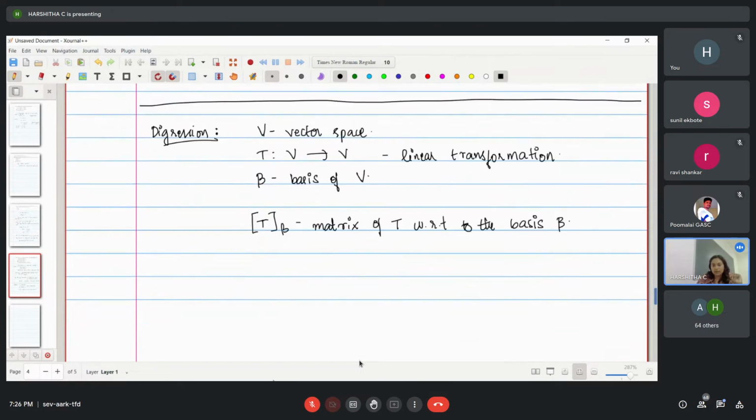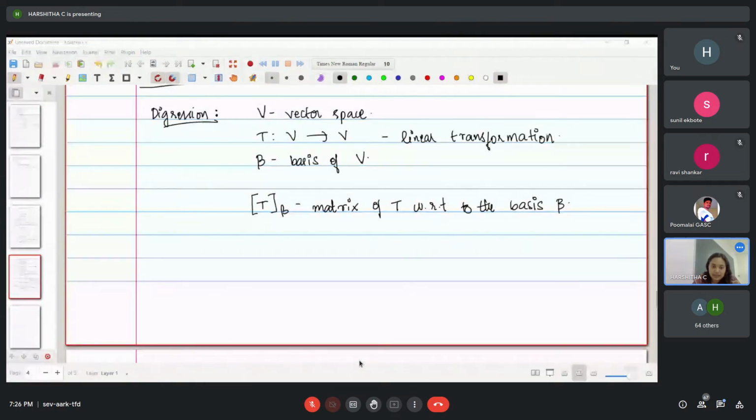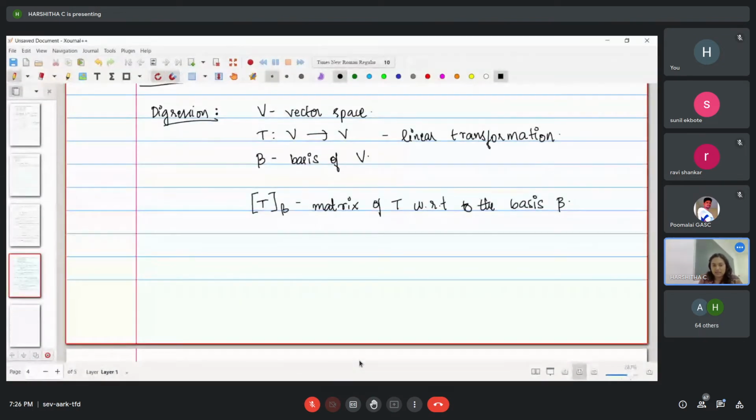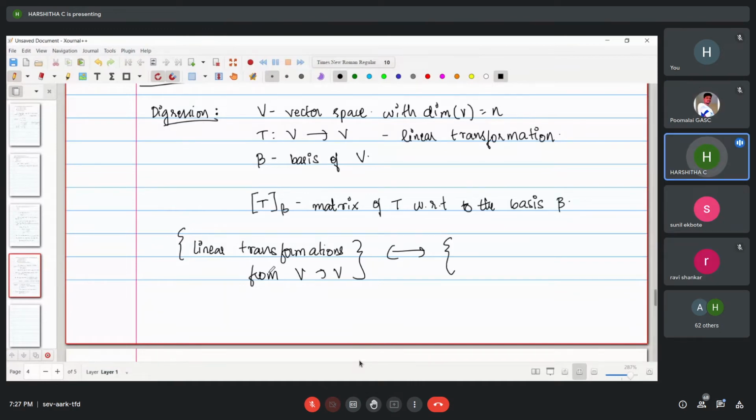Okay. So now the question is, is there an interpretation of this similarity of matrices in terms of linear transformations? Is the question clear? We have the set of all linear transformations from V to V, and we'll assume the dimension of V is n.